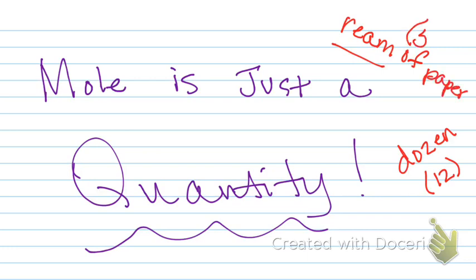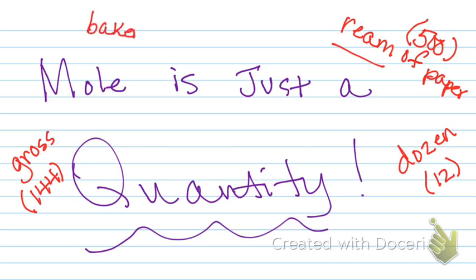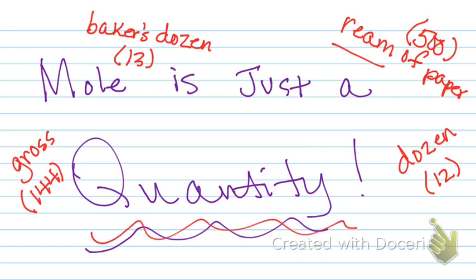A ream of paper is 500 sheets, okay? A gross, that's 144. Baker's dozen, that's 13, okay? So it's just a quantity, nothing more, nothing less. Don't try to make it into something that's more complicated, okay?